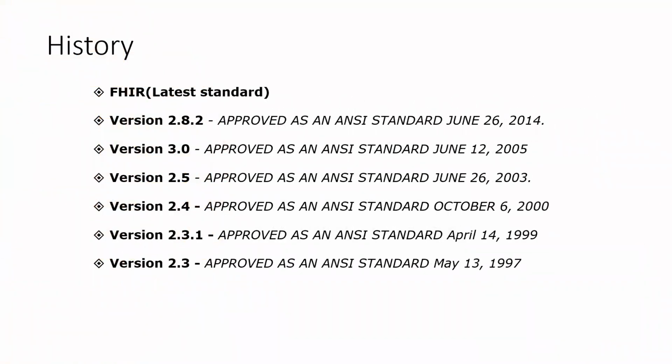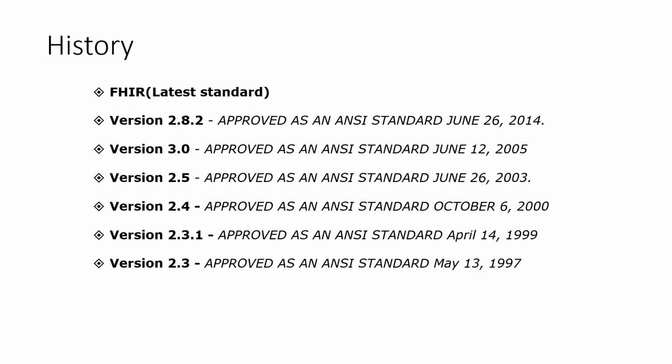Let's quickly take a look at the standards of HL7. We have many standards that were released. 2.3 was predominantly released in 1997. Though HL7 started in the 1980s to solve integration problems, the official version 2.3 was released in 1997, and it was a very big hit because of the solutions it provided.